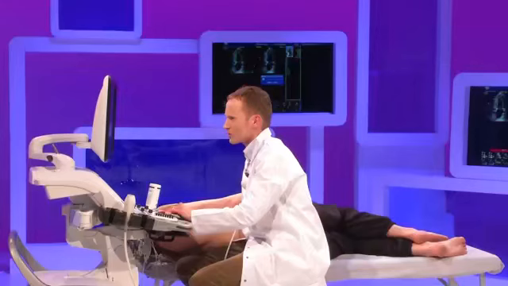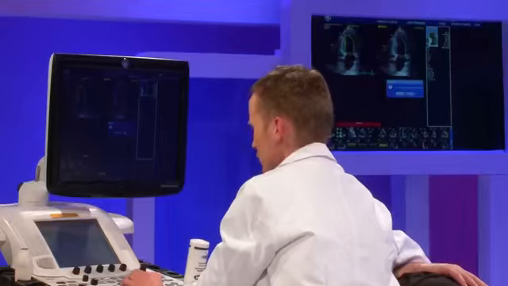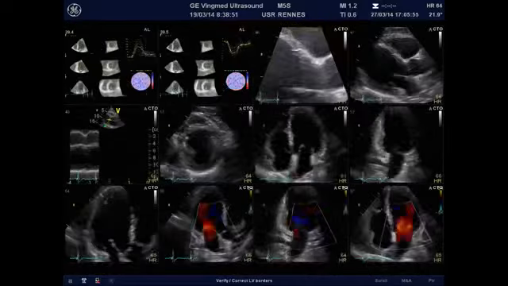Then we move to other parameters that we can get to best assess the LV systolic function, because we know that the LV ejection fraction is the parameter that we use to decide for many kinds of treatments, but we also know that the LV ejection fraction is highly load dependent, and also the reproducibility of this measurement is not perfect.